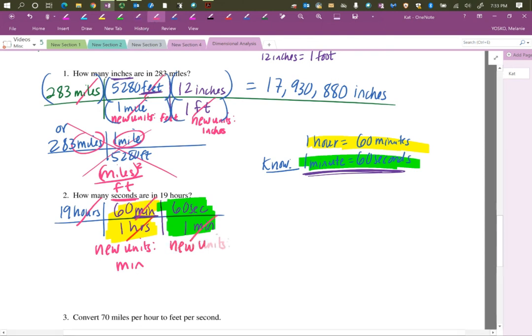And the new units are seconds. And I wanted seconds, right? So I just multiply across 19 times 60 divided by 1 divided by 1. Multiply everything in the numerator and divide by everything in the denominator. And we get, let's see, 68,400 seconds in 19 hours.